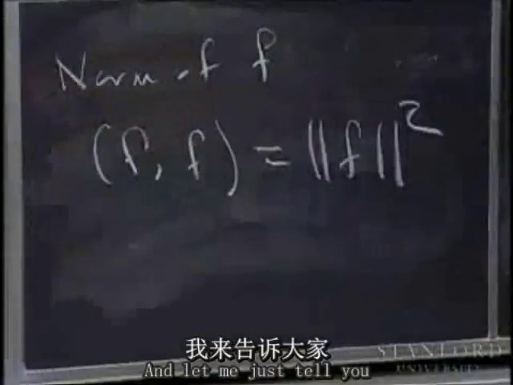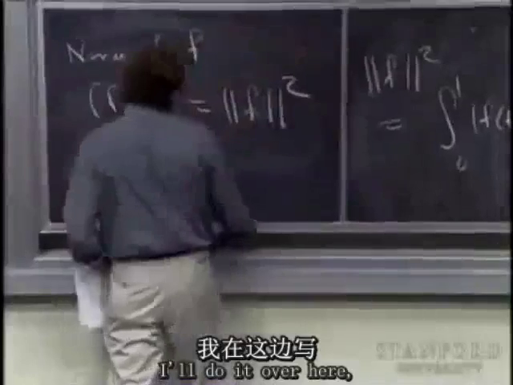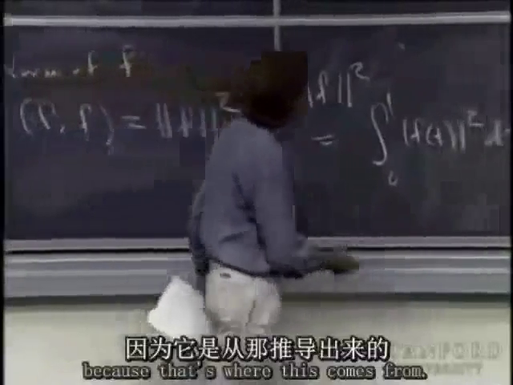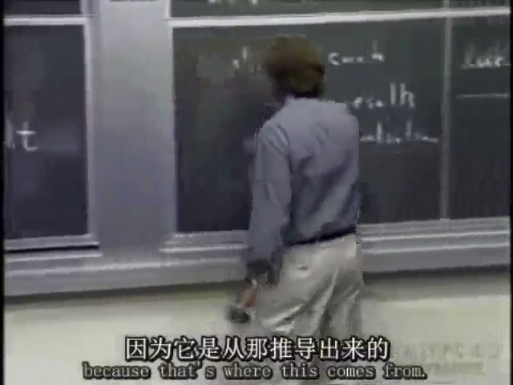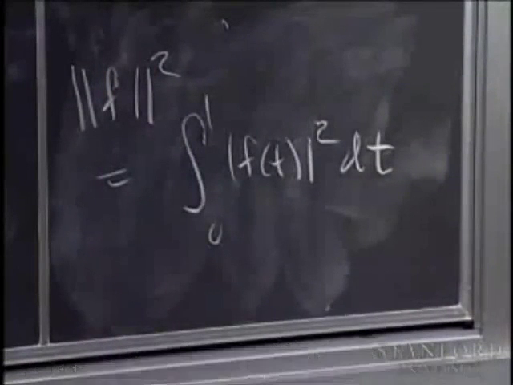And let me just tell you what the Pythagorean theorem is then. All right, the Pythagorean theorem is, I'll do it over here, because that's where this comes from. That's exactly where this definition comes from, and that's exactly where the property comes from.